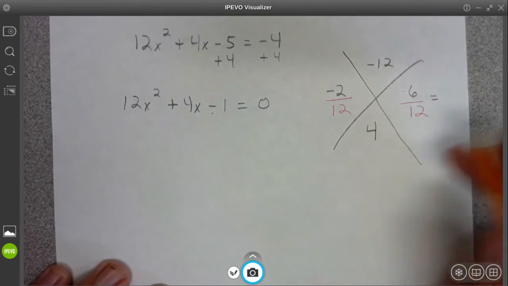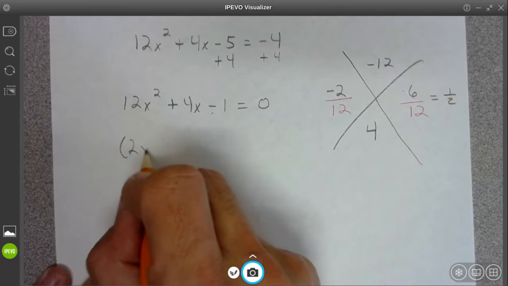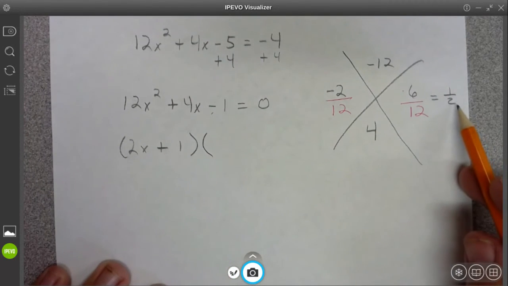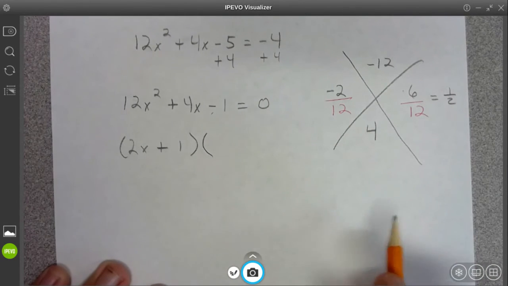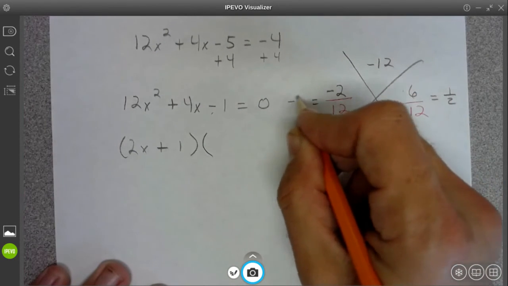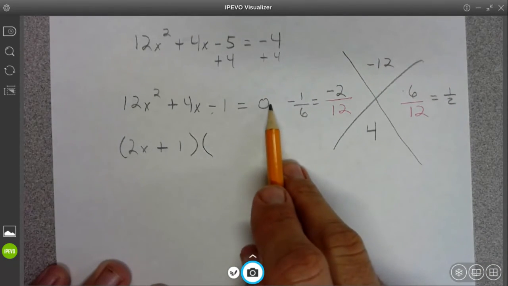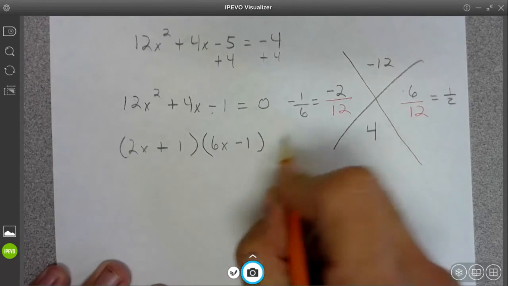Man, 6 over 12, that's equal to 1/2, which means 2x plus 1 is a factor. This one would be negative 1 over 6, which means that 6x minus 1 is the other factor.